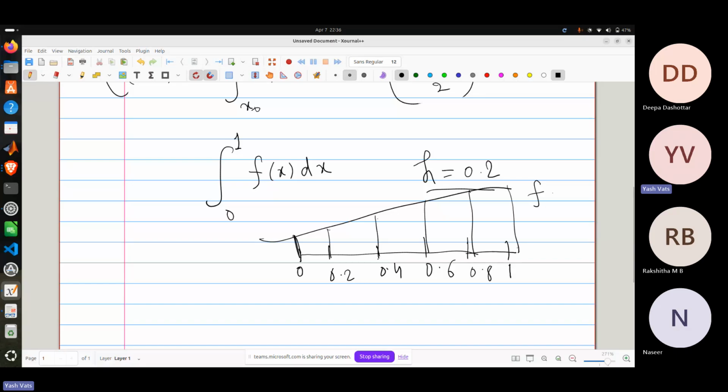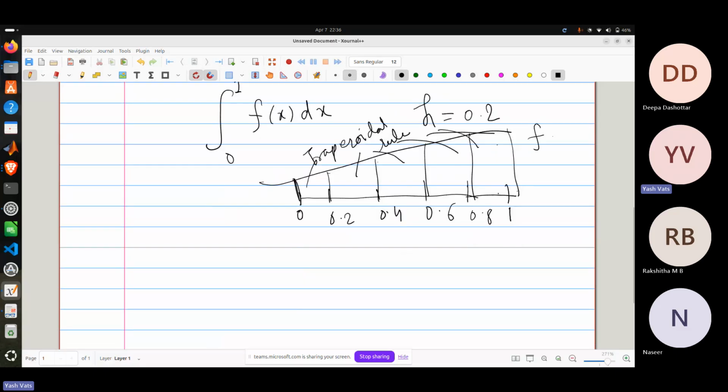Then what composite means is you need to apply the trapezoidal rule over here, here, and here. So you need to apply the trapezoidal rule over all the segments, and from there, you have to find the formula. So it's just simple. What is the integration?